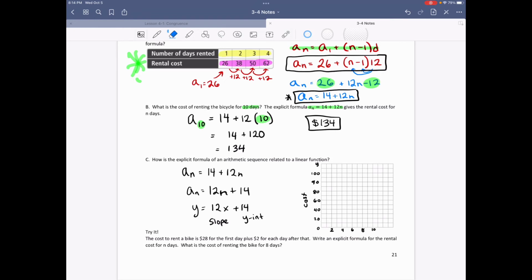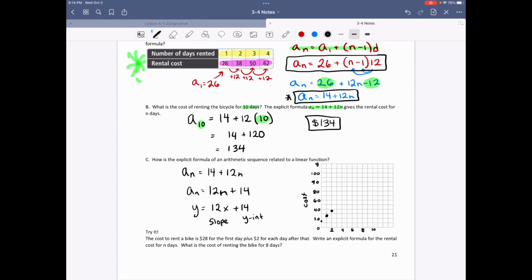Just a second. So 0, 14 would be about here. 1, 26 would be below 30, right here. And 2, 38, that's going to be before we get to 40.